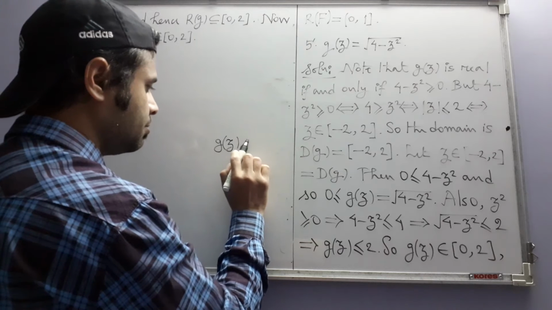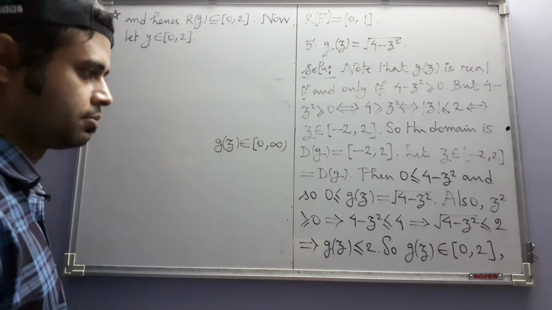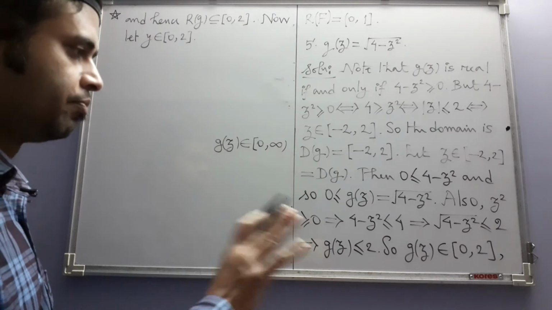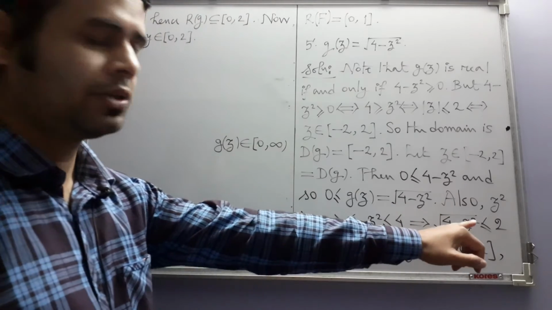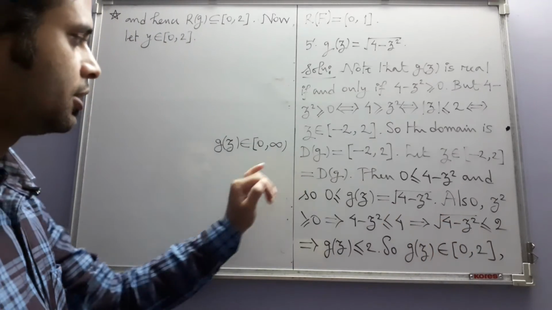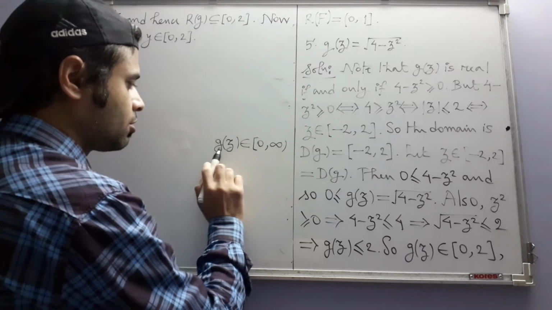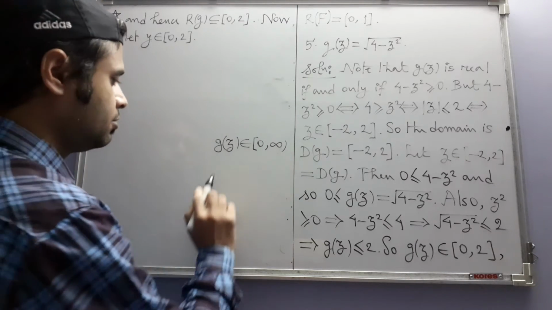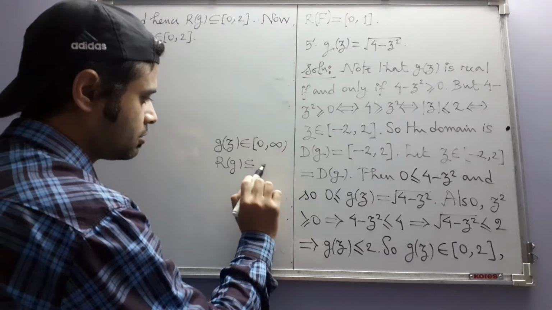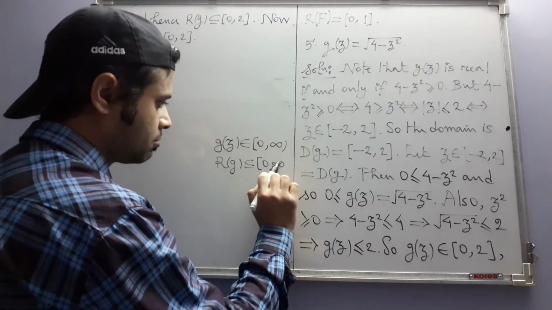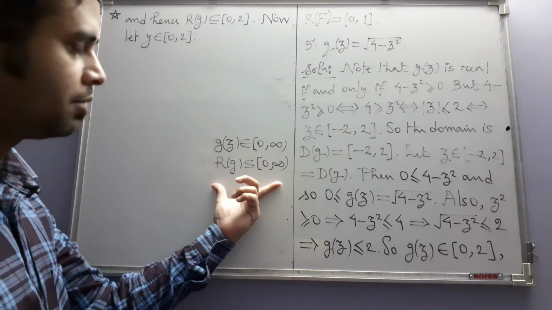Or in the worst case, from this first inequality itself you can say that g of z belongs to this. Suppose it did not come to you that at the same time it will also be less than or equal to 2 or less than or equal to something. So you conclude that the range of g is contained in 0, infinity. This is a true statement, there is no problem with this.